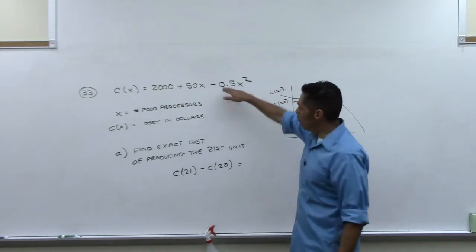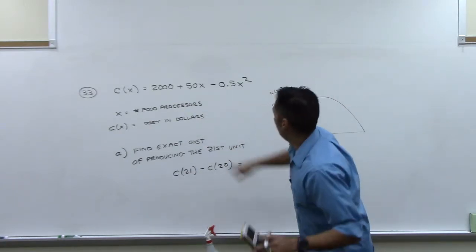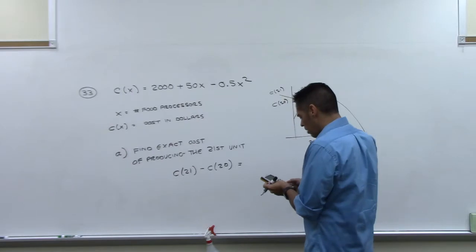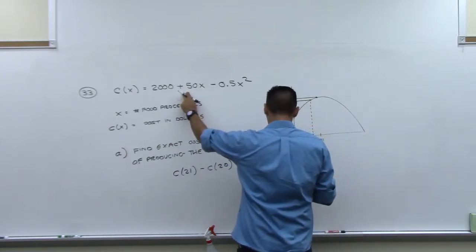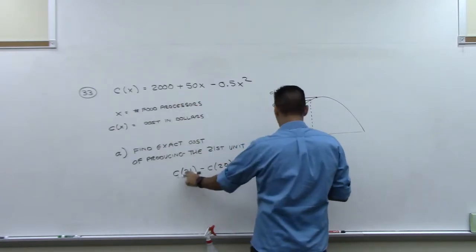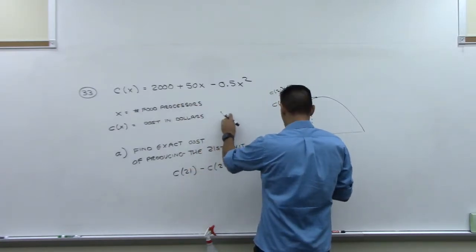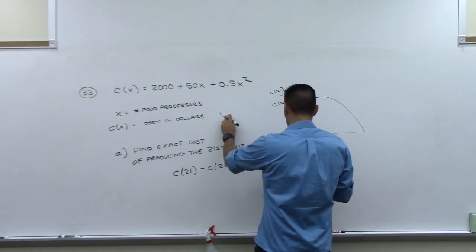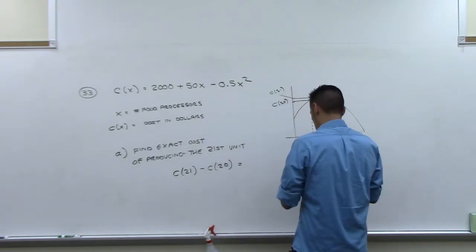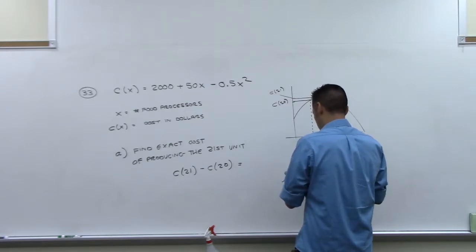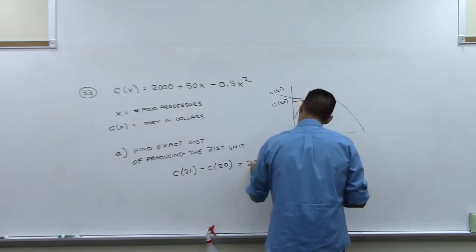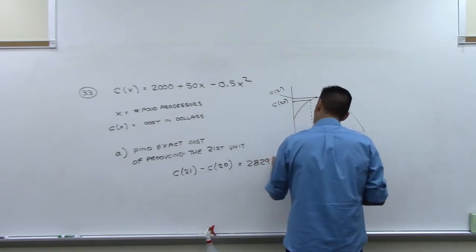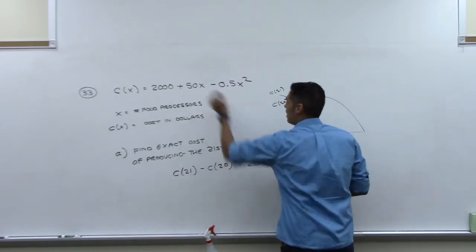Which means I need to plug 21 into this, everywhere I see an X. So I'm doing this on my calculator. I'm doing 2,000 plus 50 times 21, so I'm plugging in 21, and then minus 0.5 times 21 squared. And I should get $2,829.50 minus, now I need to plug 20 into this.